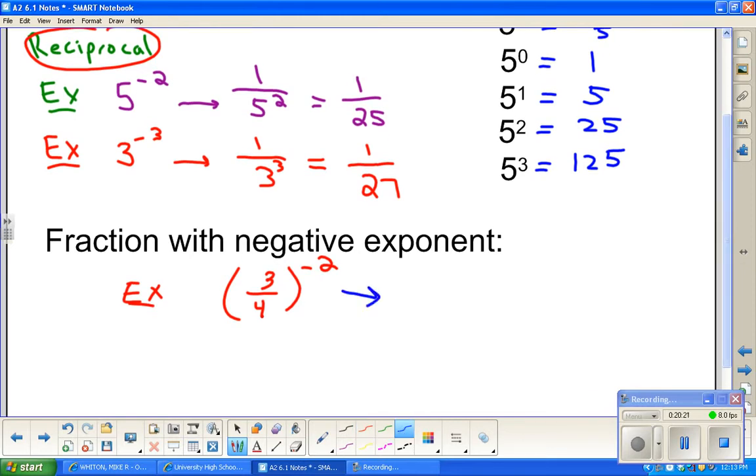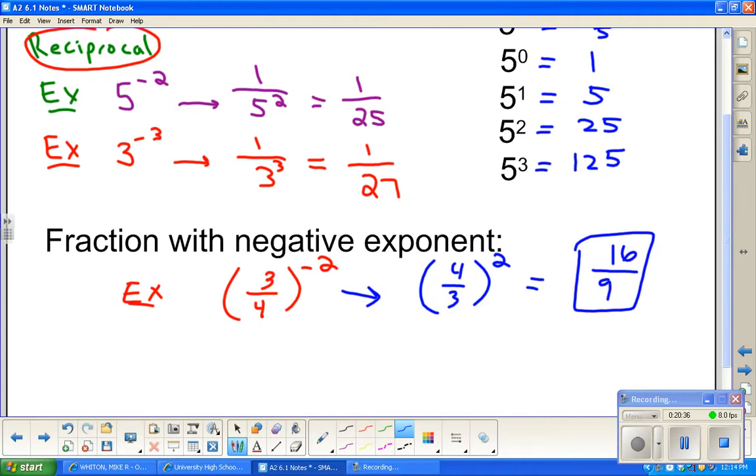So the reciprocal of that fraction is 4/3, and we can make the exponent positive. And now it becomes 16 over 9, 4 squared over 3 squared. There it is. Okay. So negative exponent, you think reciprocal.